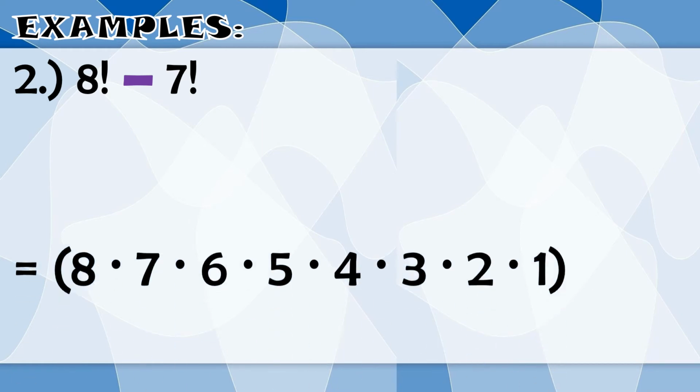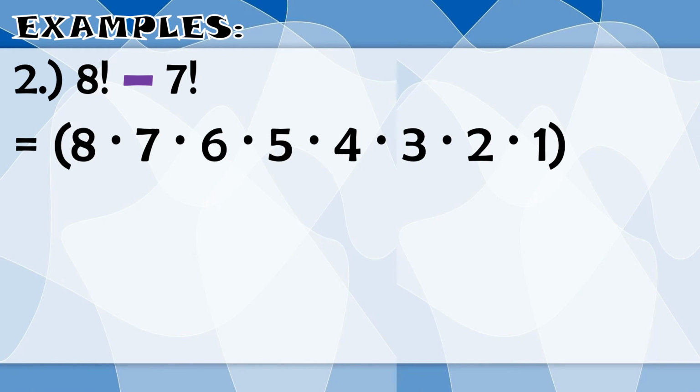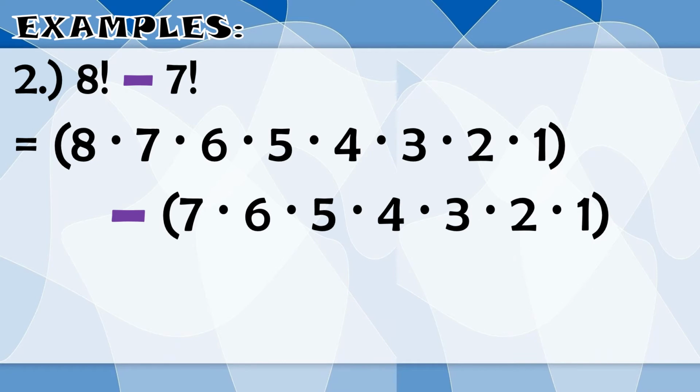For our second example, we have here 8 factorial minus 7 factorial. For the 8 factorial, we have 8 times 7 times 6 times 5 times 4 times 3 times 2 times 1, minus the 7 factorial, which is 7 times 6 times 5 times 4 times 3 times 2 times 1.